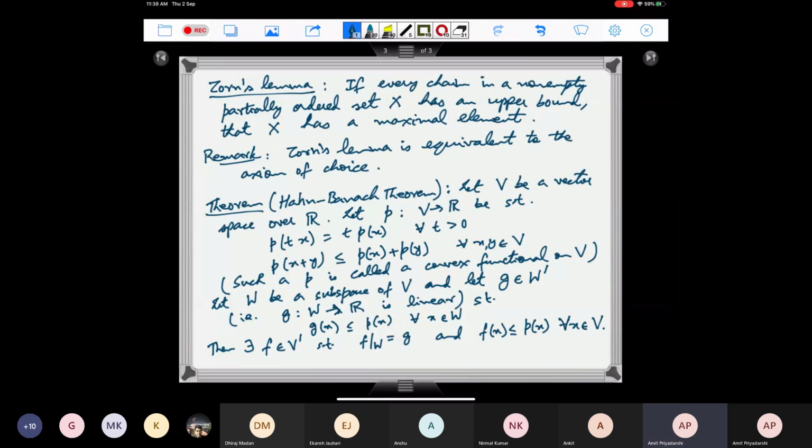So let's try to prove this theorem and then we'll apply this to get the Hahn-Banach extension theorem for normed spaces.